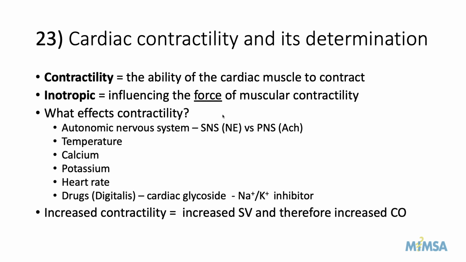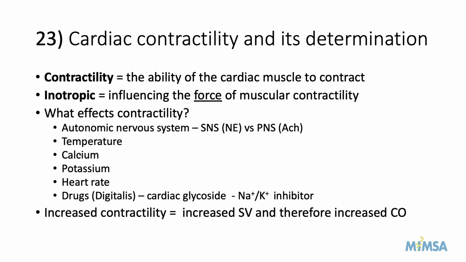As you know, the sympathetic nervous system is mainly norepinephrine and epinephrine, which then bind to adrenergic receptors. And your parasympathetic system is acetylcholine, which then binds to muscarinic receptors. And we'll talk more about how the autonomic nervous system affects contractility in the next slide.